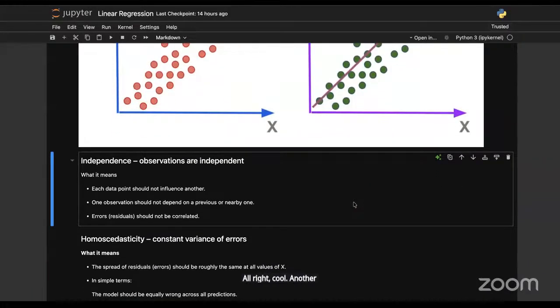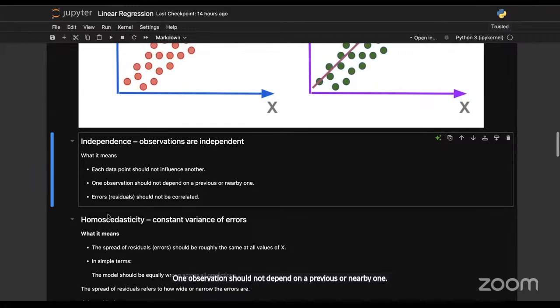Another assumption is independence, right? Observations are independent. So all these points are independent. This point being here is not affected because that point is there. Each point should not influence the other. One observation should not depend on a previous or nearby one. Then errors should not be correlated.